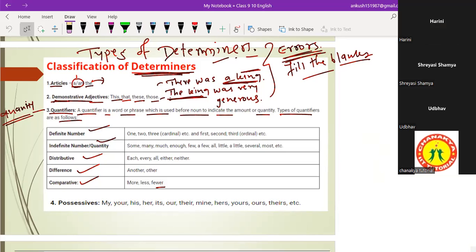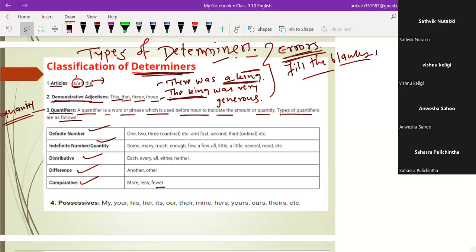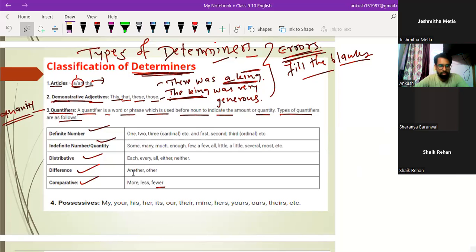Shreyashi. Yes, sir. I Udbhav. told that, sir. Okay. Udbhav, are you there in the class? Udbhav is not responding. Udbhav, yes, sir. okay, please respond immediately. Okay, if you are there in the class. Got it? I went to washroom, sir.